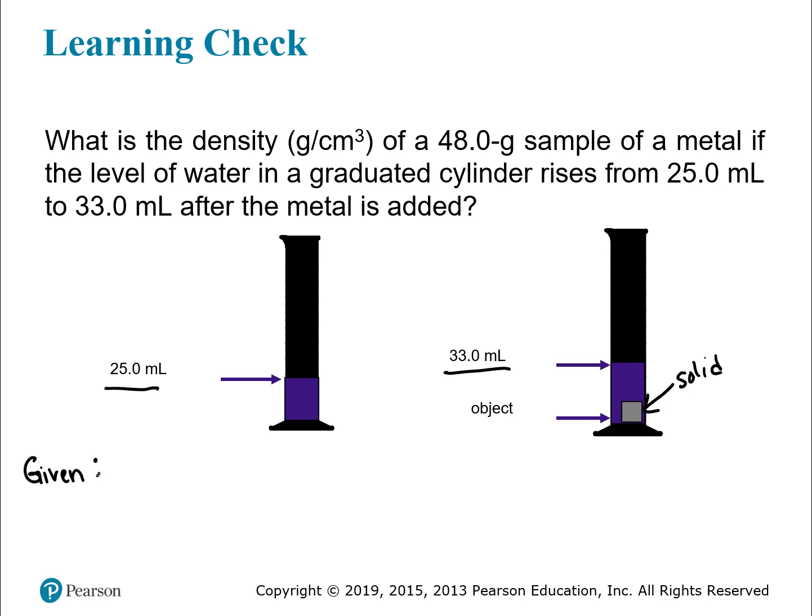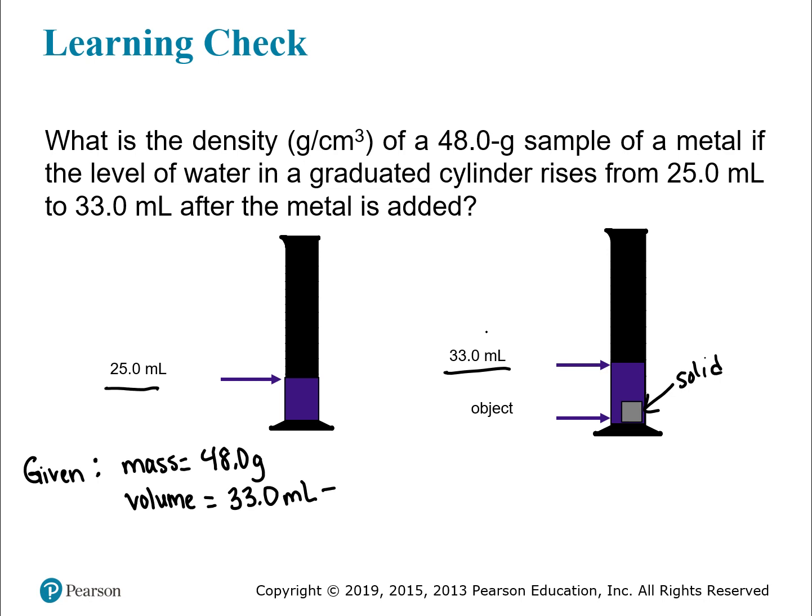So what are we given? We're given a mass of 48.0 grams, and we're given a volume indirectly, which we can determine by subtracting the two water levels.